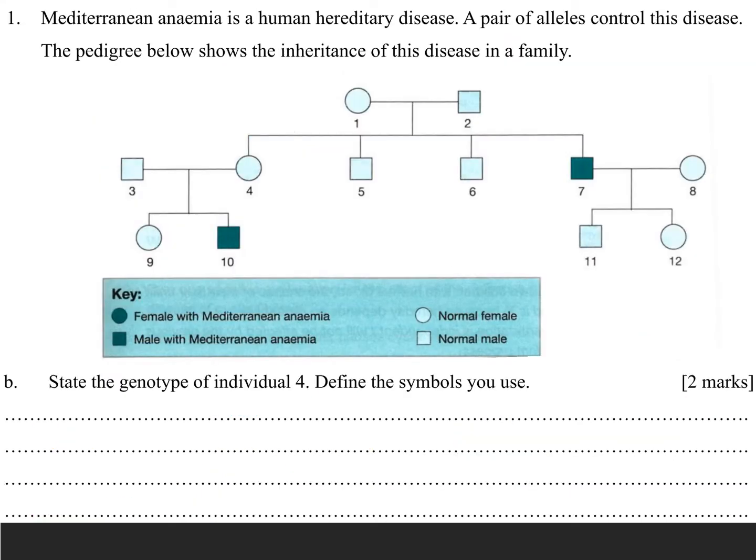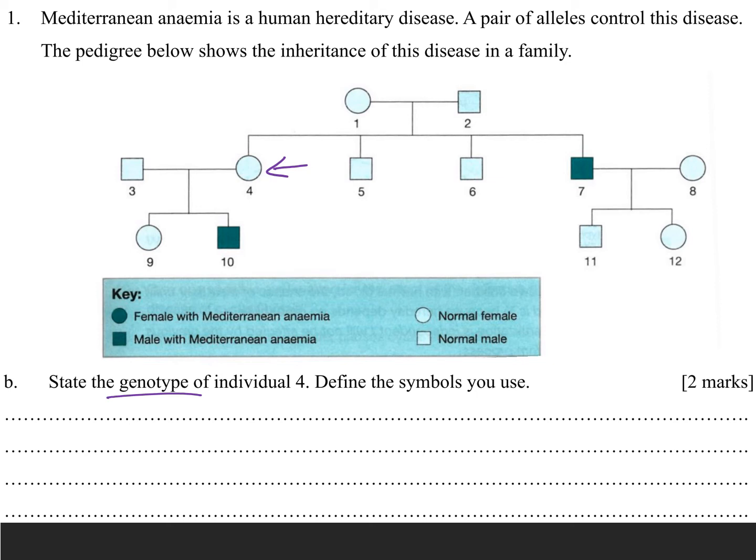And then let's take a look at question B. State the genotype of individual 4, and define the symbol that you use. First, define the symbol. From the last question, we know that the Mediterranean anemia is the recessive character and the recessive allele.